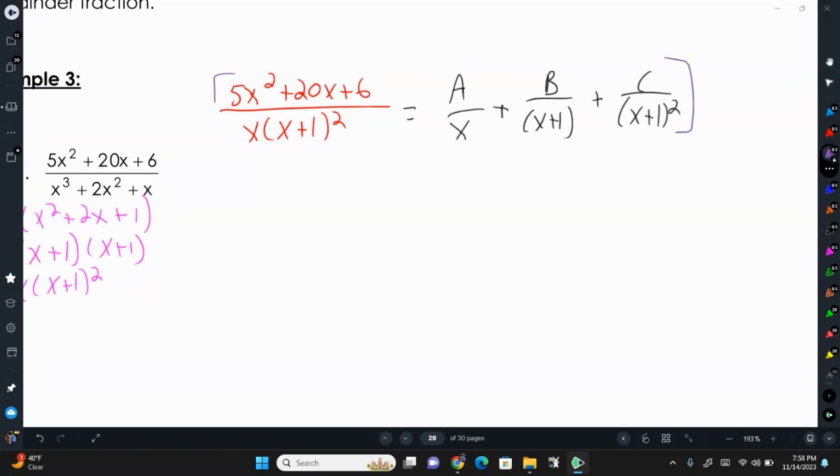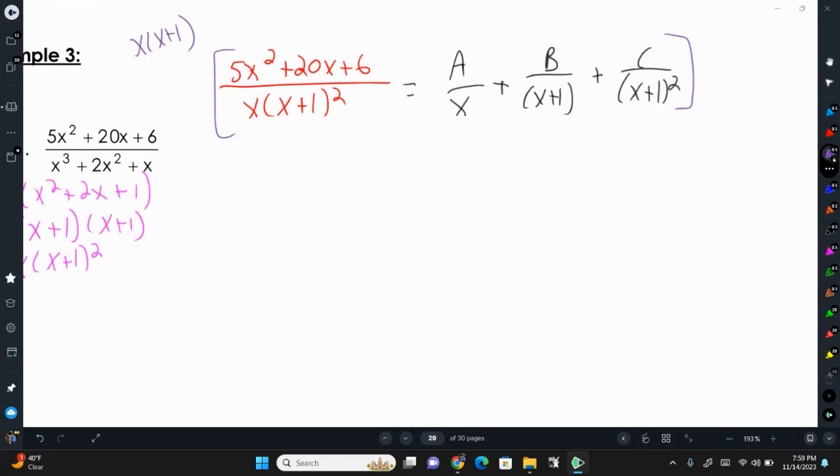But we're going to follow the same steps. Multiply everything by the least common denominator. This does get a little bit hectic, because now the left side still will be 5x squared plus 20x plus 6, but on the other side, when I distribute this to the a, the x's get canceled, so it's going to be a times x plus 1 squared plus, when we distribute it to the b, just one of the x plus 1 squareds will get canceled.